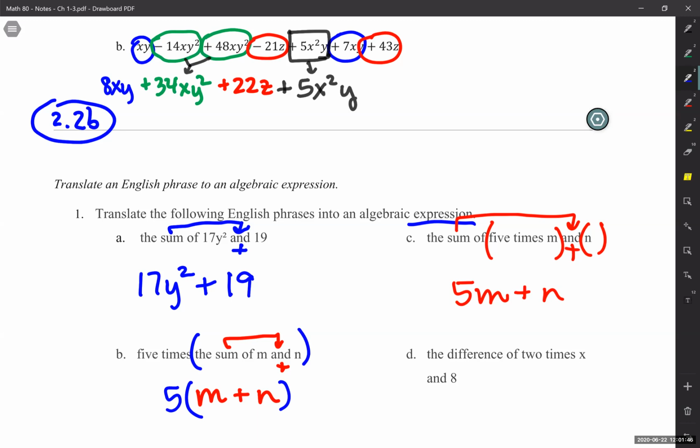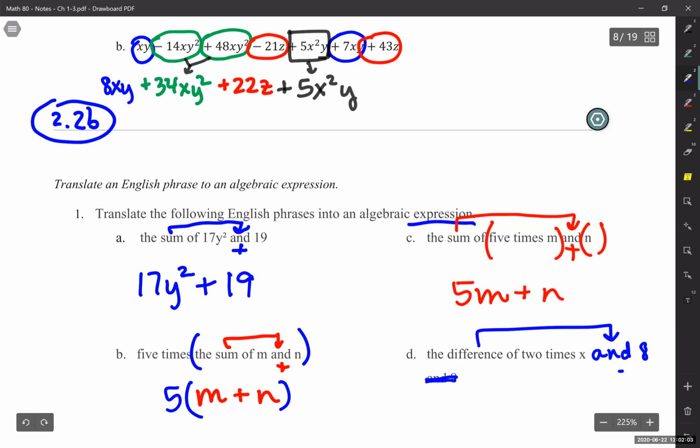Okay, so last but not least, I'm just going to cross this out. Didn't quite format the way I wanted. I'll put it up here. We're not getting rid of it, I'm just trying to keep it all together. And so it says the difference of, and so difference is going to change the word and into subtraction. The difference of 2 times x, and the and splits it up, and 8. 2 times x and 8.